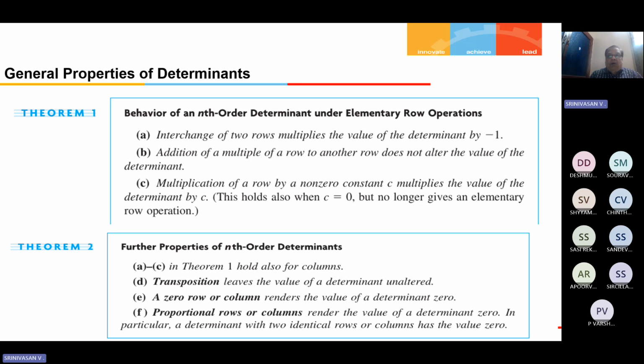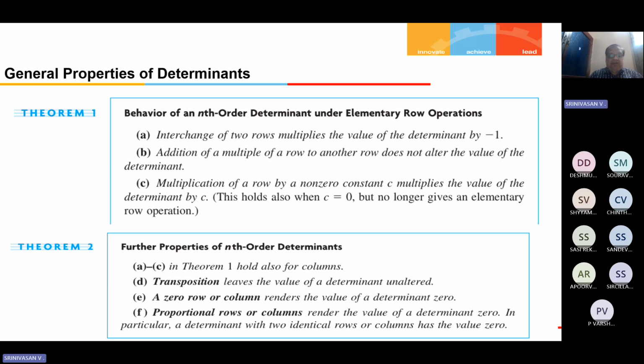You get minus 9, here 12. Okay. And the second row remains the same, 6, minus 5. You expand, then you will get minus 27. That is 3 into minus 9. So multiplication of a row by a non-zero constant is nothing but C times the original determinant. Okay, right.